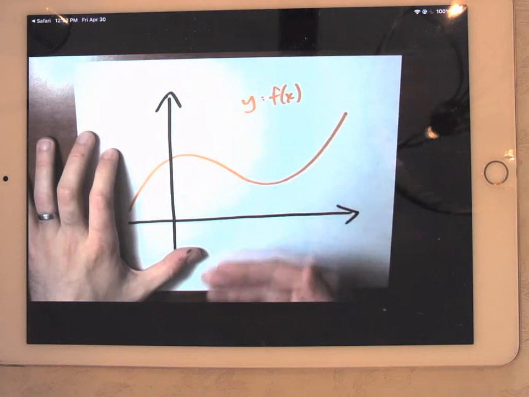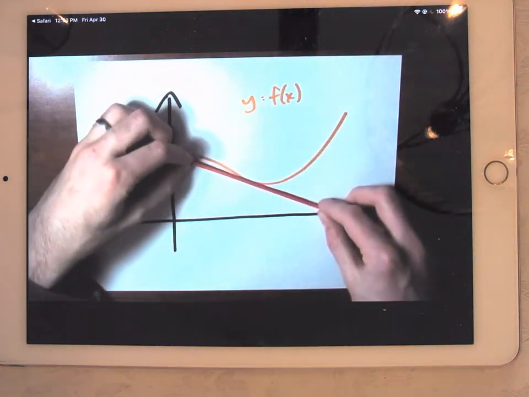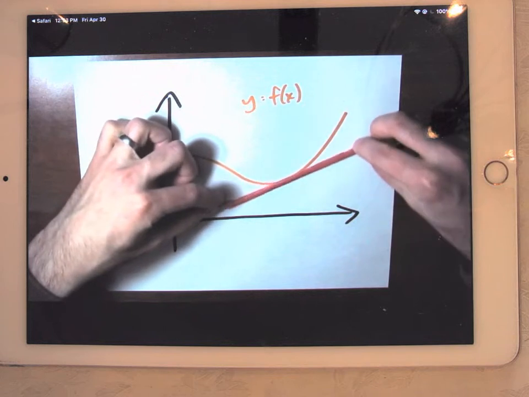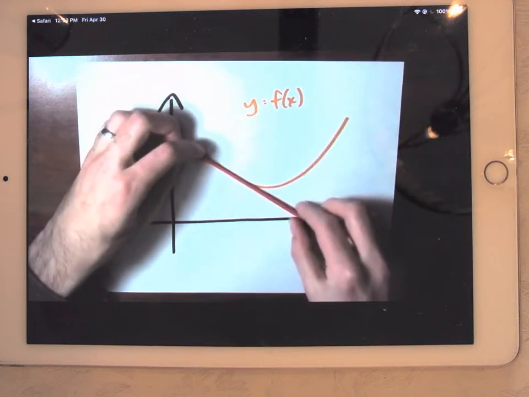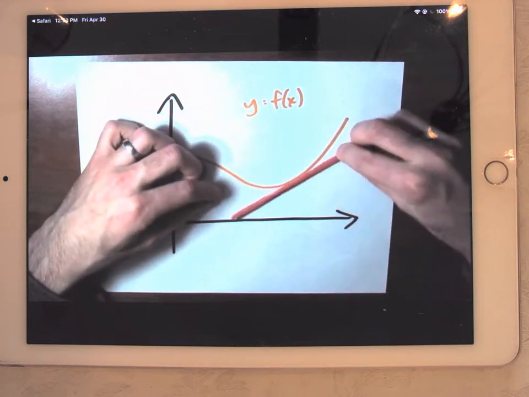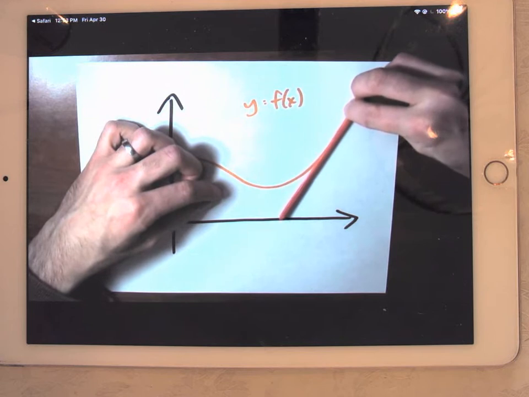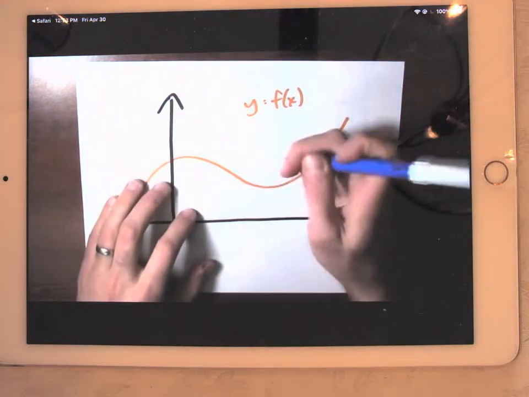That would mean that the derivative is increasing. What that really means is that the slope of a tangent line through this region is increasing. And that's exactly what's happening. The slope is negative here, and as I move this tangent line over, the slope of that tangent line is increasing. The second derivative is positive here.